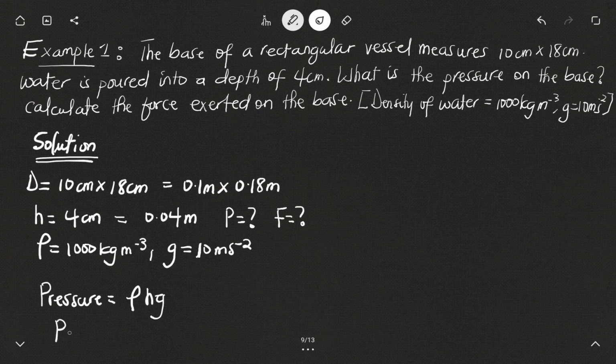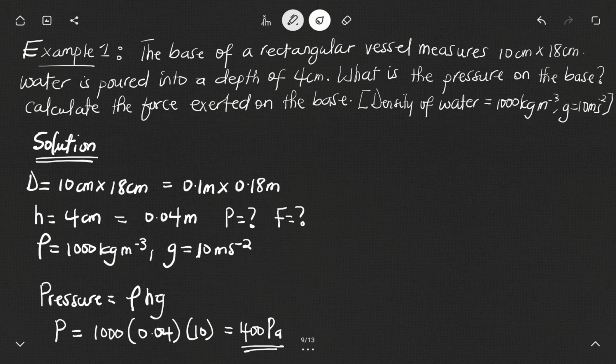Pressure will be equal to the density, which is 1,000, multiplied by the height in meters, 0.04, then multiplied by gravity, which is 10. So if I compute everything in my calculator, 1,000 multiplied by 0.04 multiplied by 10 will give me 400 Pascal as my pressure. So this is the pressure that I get.